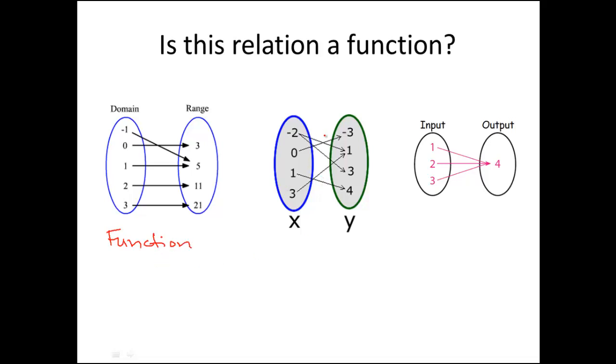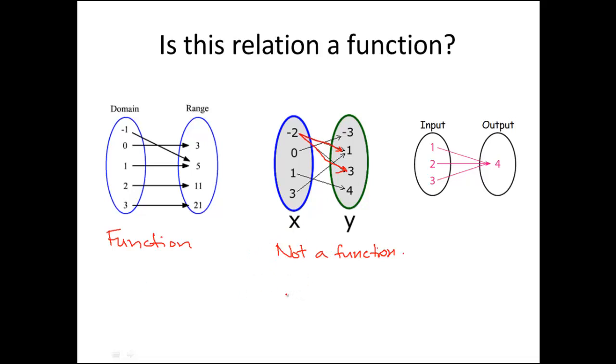Second example, let's see. I think we're going to start out with it being a not function right away here. We got negative 2 going with 1, negative 2 going with 3, 2 arrows coming off of that. That is not a function. Also notice that I'm not saying it's a relation. That's not the answer. Functions are relations.